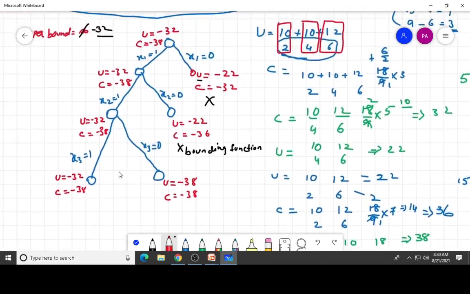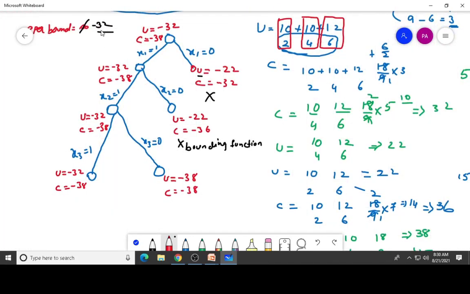So now what we have now, minus 32 is higher and minus 38 is lower. So what we need to do, we need to cut this and we need to write minus 38. So what is the upper bound now? Now the upper bound we have is minus 38.